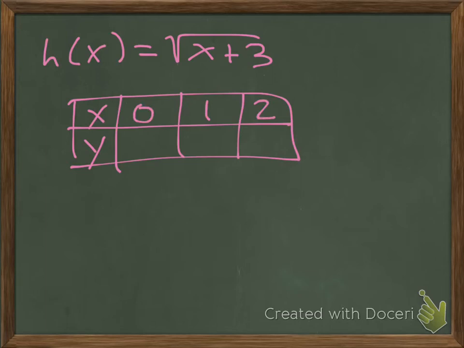So this is going to be 0 plus 3, so it's the square root of 3, which is about 1.7. And then the square root of 4, which is 2. And then the square root of 5, which would be about 2.2. So we're going to graph these.